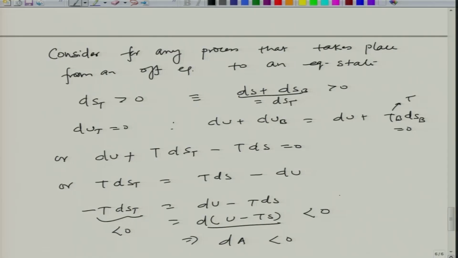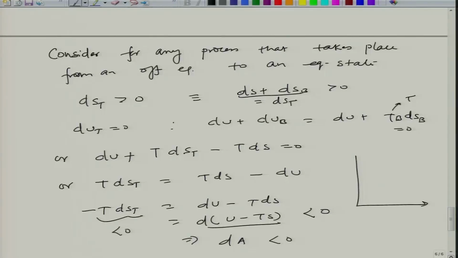So, by doing this simple exercise, what we see is that when you have a process that takes place from an off equilibrium to an equilibrium state, the Helmholtz free energy tends to reduce, and eventually at equilibrium the dA is going to be 0. So, it will reduce until the point equilibrium is reached. So, you can draw this like this. You have A and some x as an unconstrained variable.